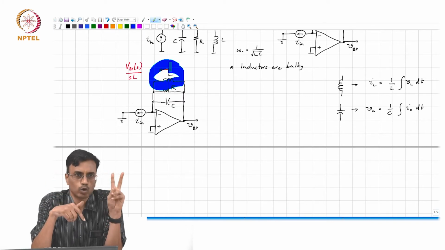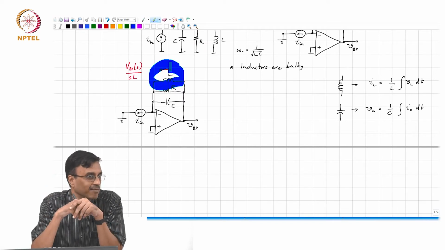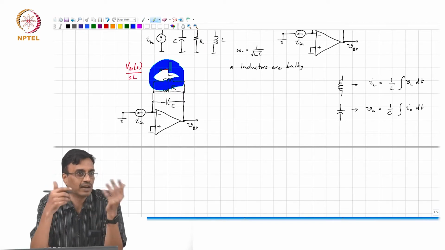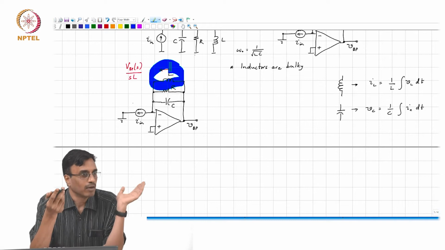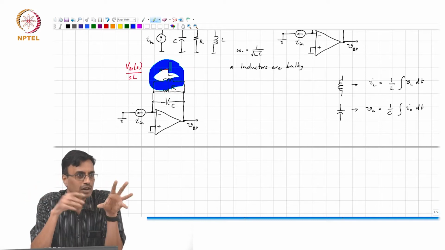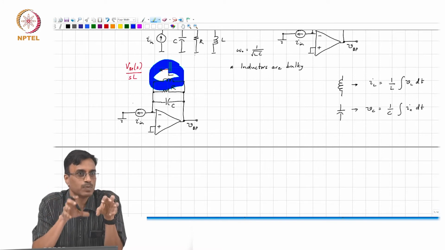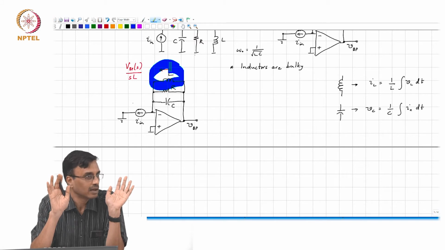We only know two elements which are integrators in some way. One of them is the inductor, the other is the capacitor. We are already saying that we do not want to use the inductor, so whatever you do inside, there must be a capacitor. Does this make sense?